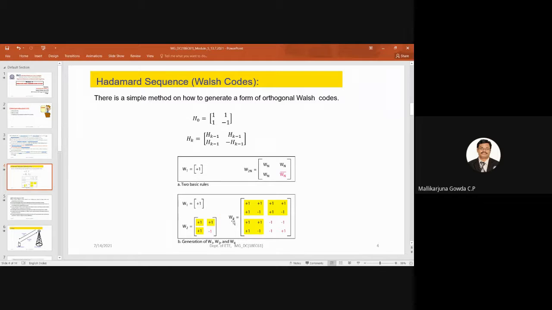Similarly for W4, three matrices are replicated and the fourth one is the complement of that. That is what is written here. Generation of different Walsh codes, W1, W2, and here it is shown for W4 also. This is how we make them.